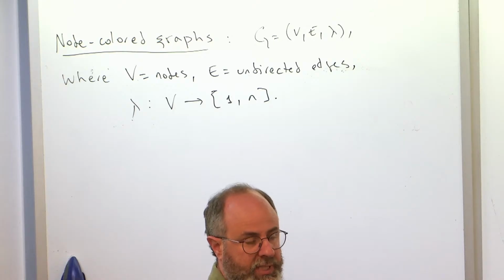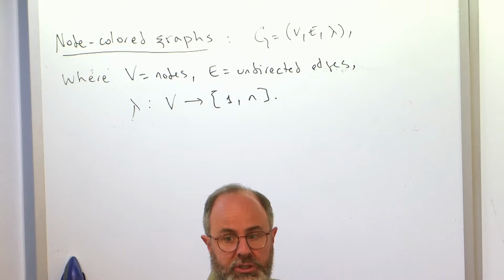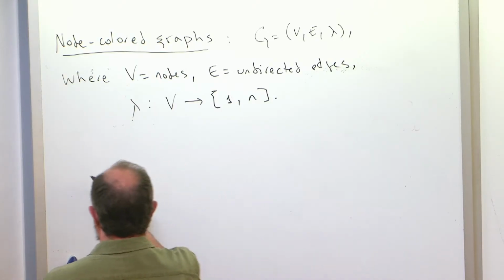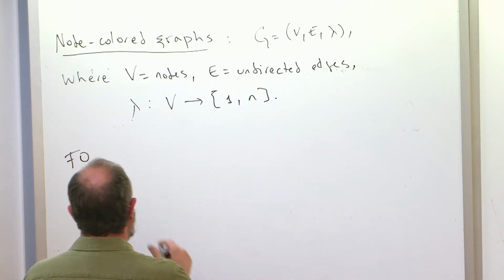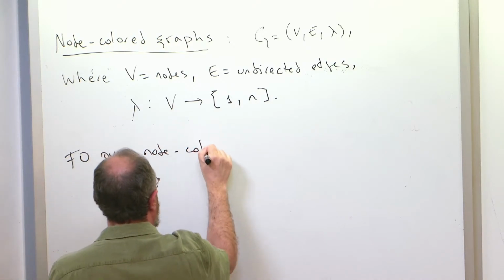In node-colored graphs, if you want to express properties of node-colored graphs, then you can use logic. And what is then first-order logic? First-order logic I will denote as FO, first-order logic over node-colored graphs.